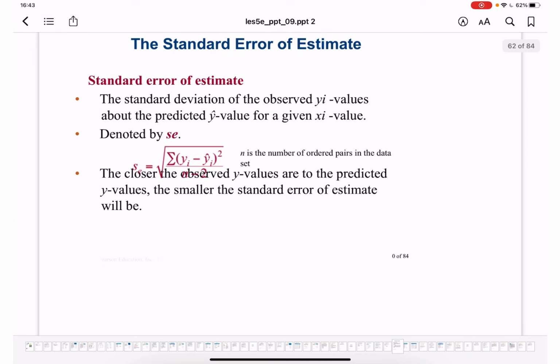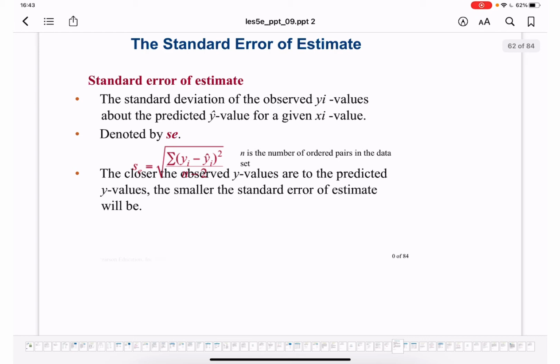Next, standard error. So standard error or standard deviation, we call it the same thing. Standard deviation is when we want to find out how far the observed value has drifted away from average. That's an error, right? Okay. The standard deviation of the observed y i values about the predicted value for given x i.